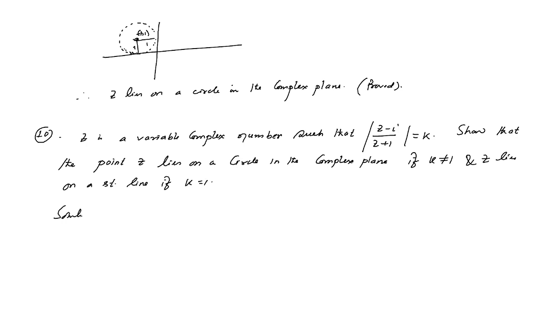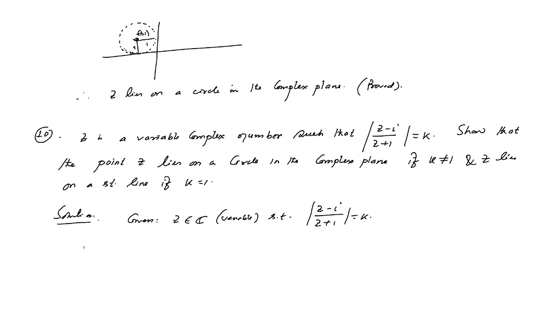So we will move to the solution. What is given? It is given that z is a complex variable such that mod of (z minus i) by (z plus 1) equals k.